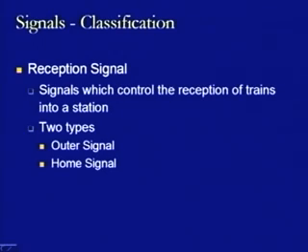The first category is termed the outer signal, and the other is termed the home signal. Again, these names come from their locational aspect, and we will look at the reasons, how these signals are provided, and what their specific job is.